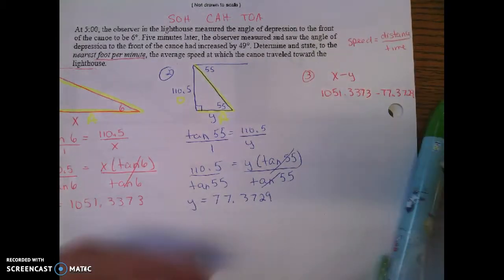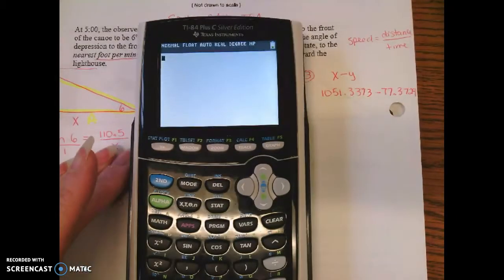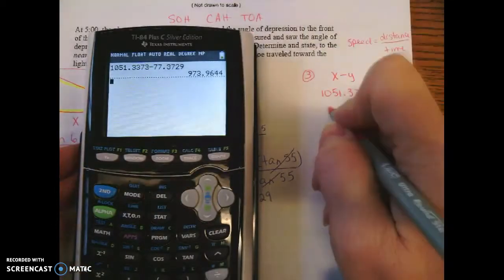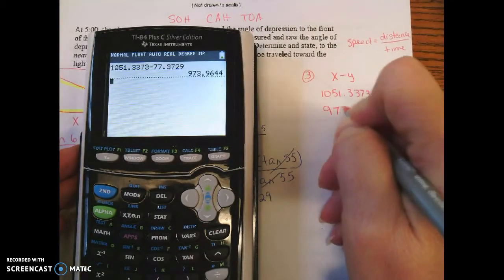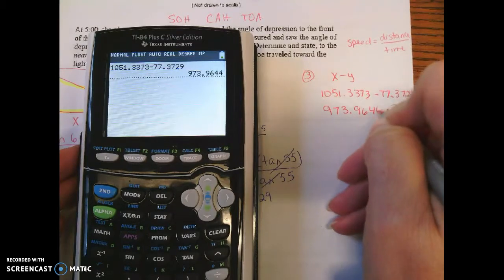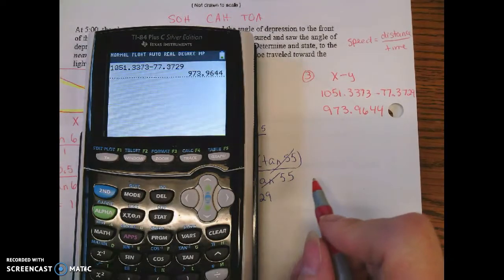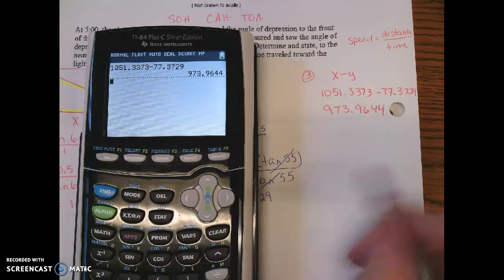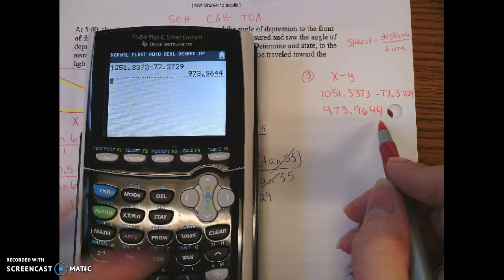All right, so let's get those subtracted. 1051.3373 minus 77.3729. Okay, so my distance traveled is 973.9644. Notice I'm not done with the problem yet, so I'm still going out 4 decimal places.